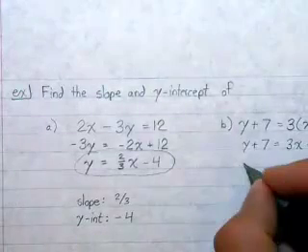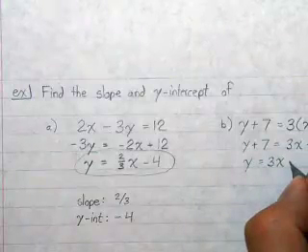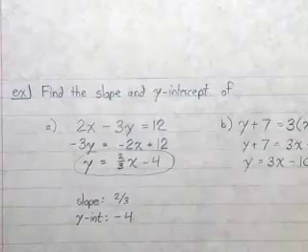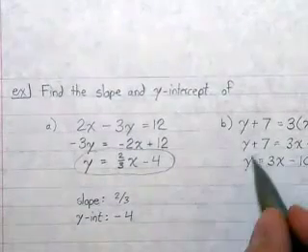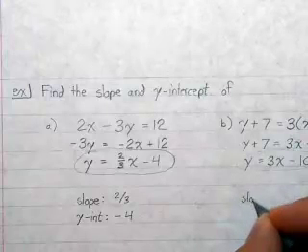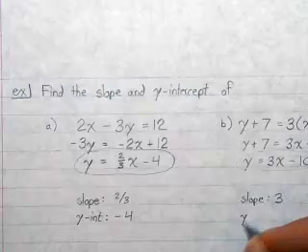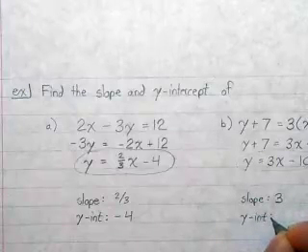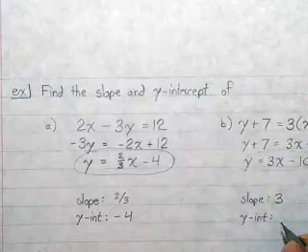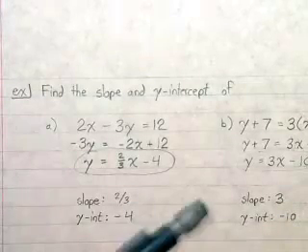All right. So that would be minus 10. All right, so we're in slope-intercept form now. So what's the slope? What's the y-intercept? Negative 10.